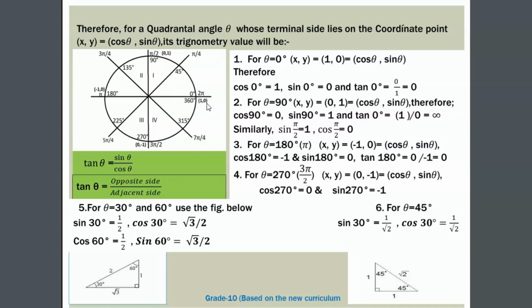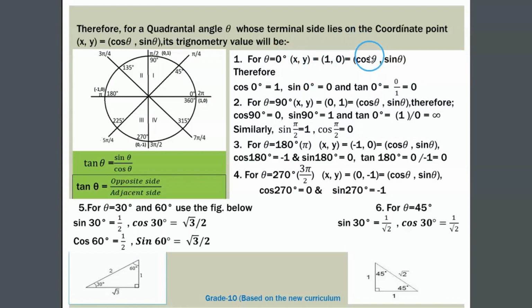It is (1, 0). It is on the x axis, and since this is the unit circle with radius 1, x is 1 and y is 0. Therefore for theta equal to 0 degrees, the coordinate point of the terminal side (x, y) is (1, 0).